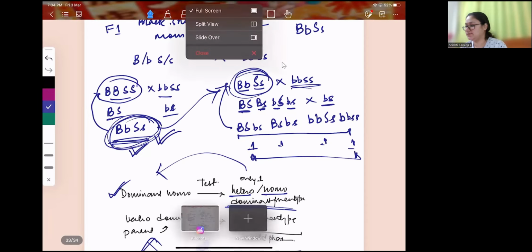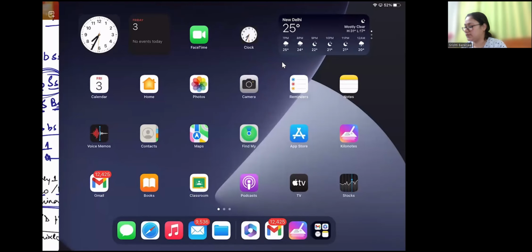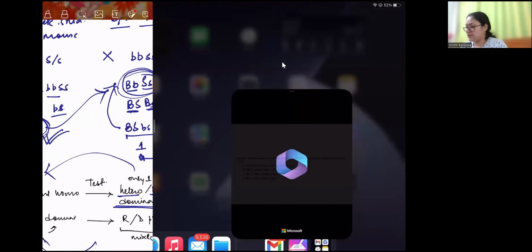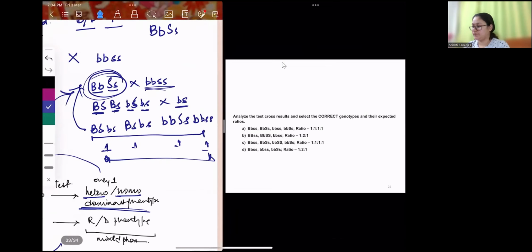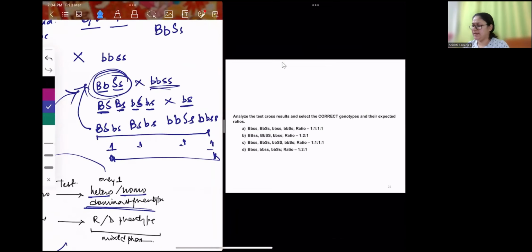So you see, BBSS, capital B small b SS, this one, capital B small b SS, this and this, BBSS and this one, in the ratio of 1:1.